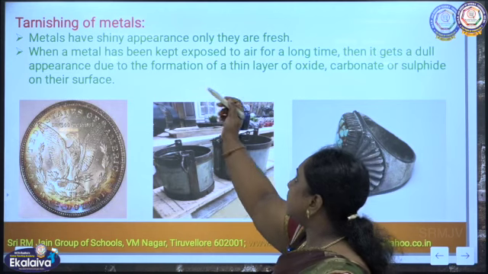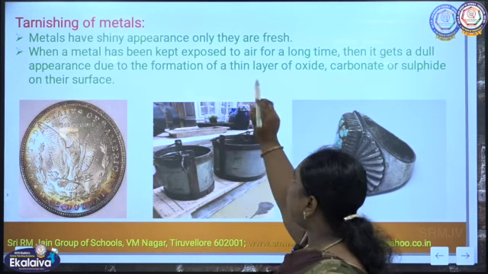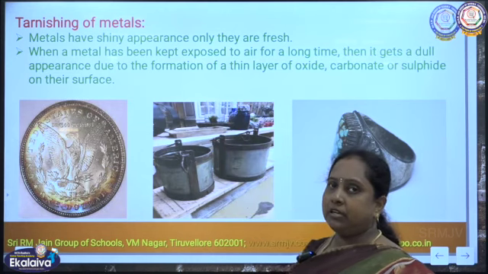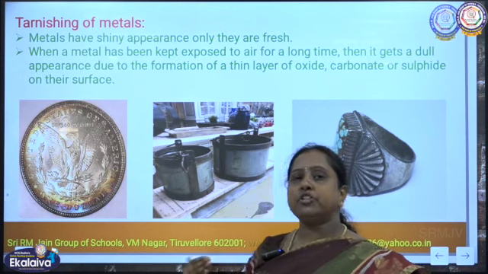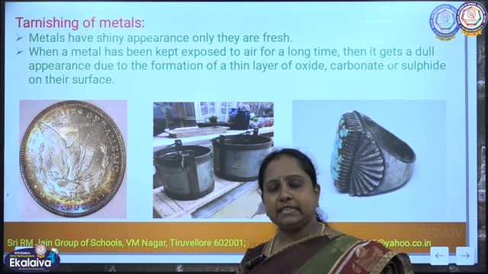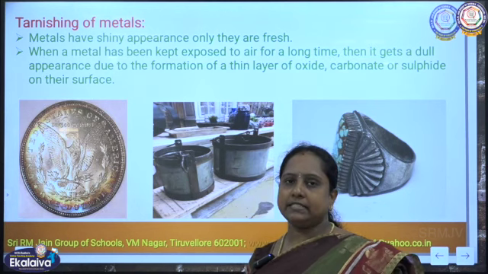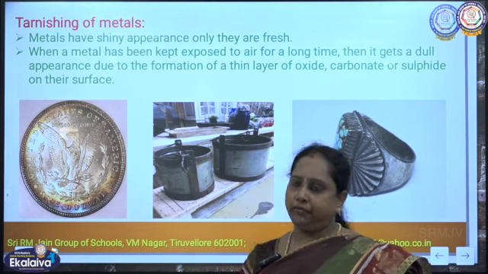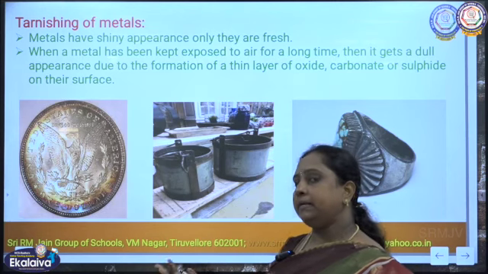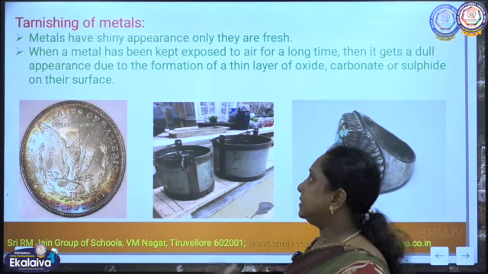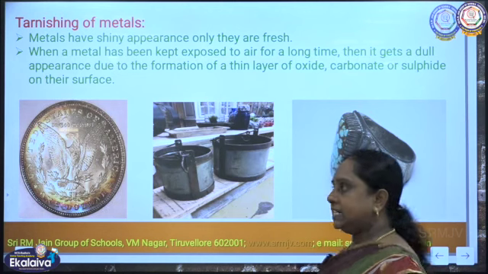The metals have a shiny appearance only when they are fresh. Slowly, when they are exposed to air, agents like water, acid or atmospheric gases get in contact with the surface, and automatically the metal gets a dull appearance. That is called tarnishing.